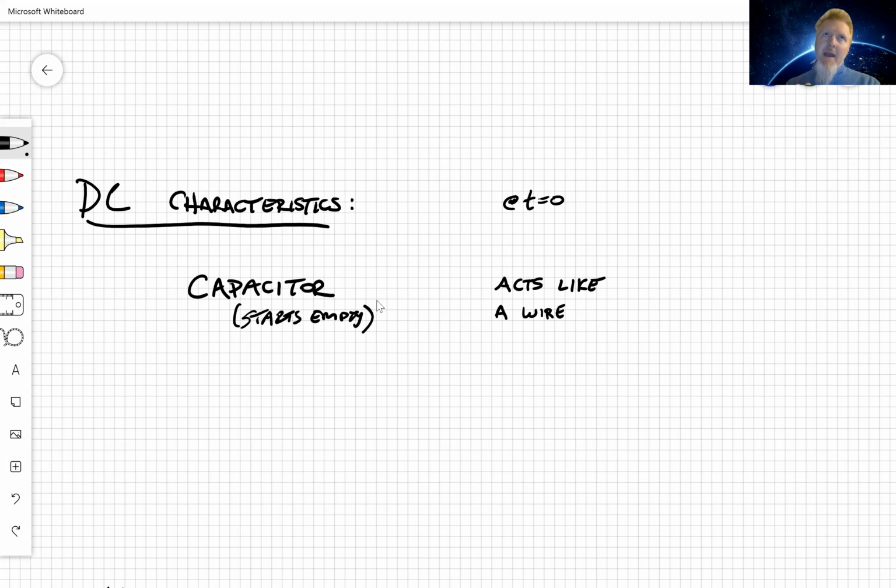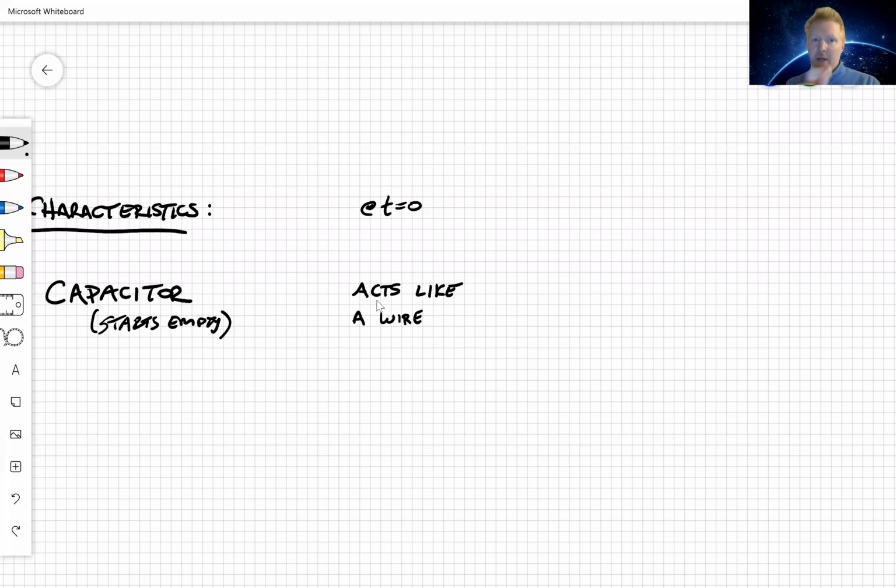Now, as time goes on and the battery continues to try and push charge, I'll just say as t goes off to infinity, the capacitor eventually acts like what? As the capacitor becomes fully charged, what happens to the current in that branch?